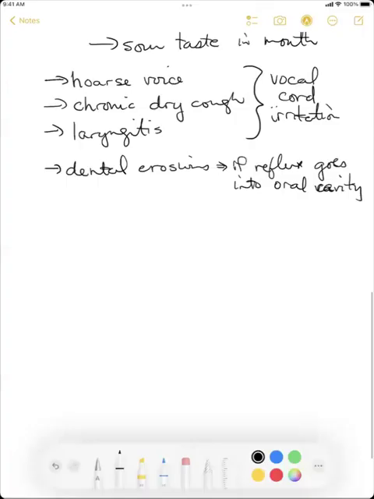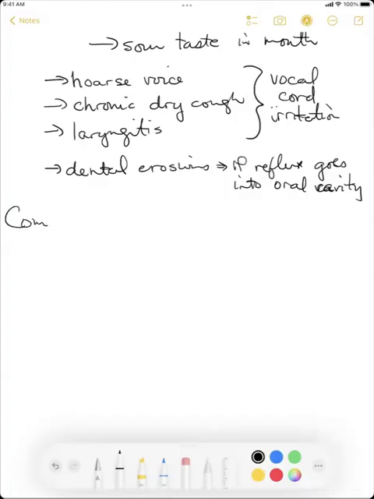So one of the problems with GERD is that over time, it can lead to inflammation of the esophagus, and it can actually start to erode some of the lining of the esophagus.